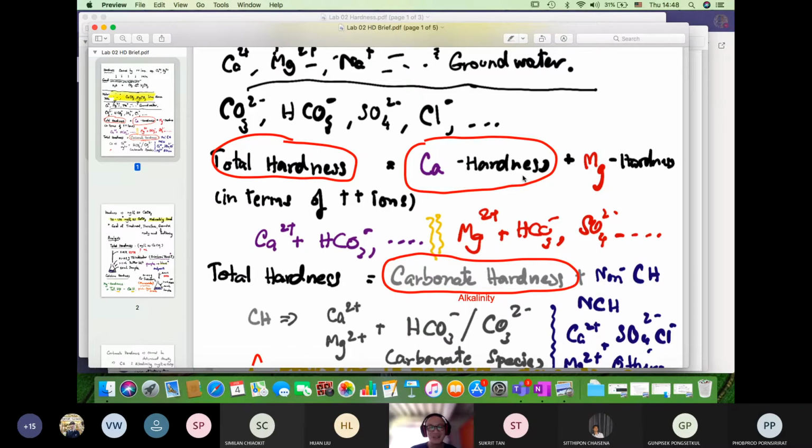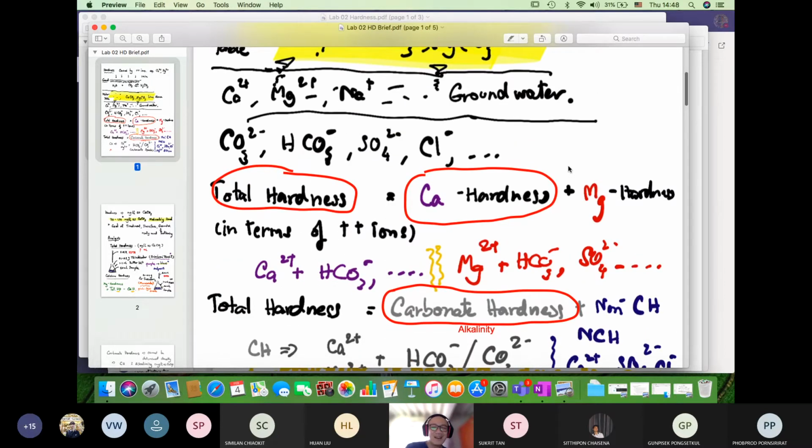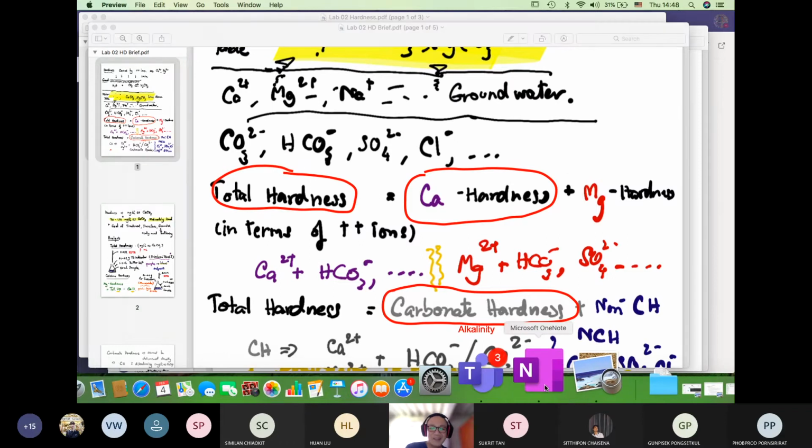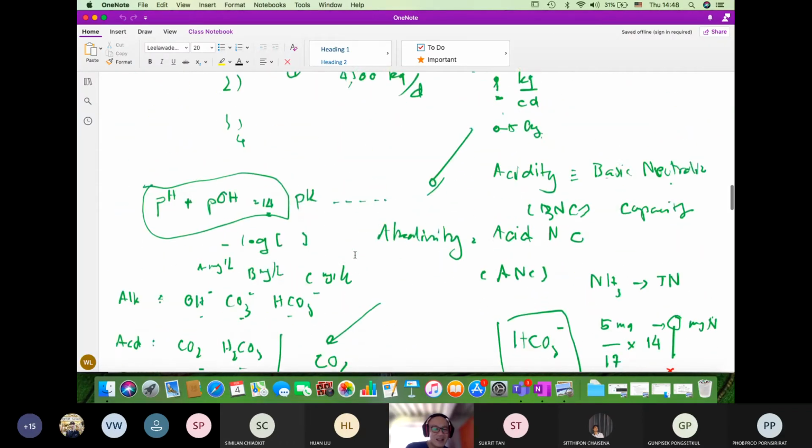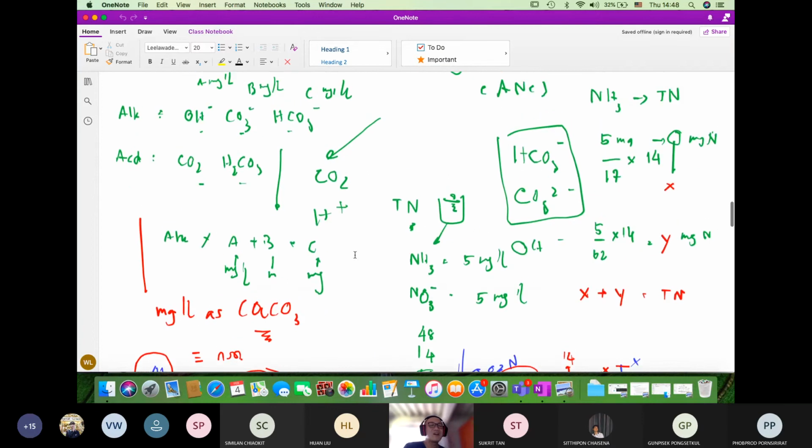Why do we have to use this unit, milligrams per liter as calcium carbonate? We have to use it because the major causes of alkalinity, acidity, and hardness are the carbonate species.